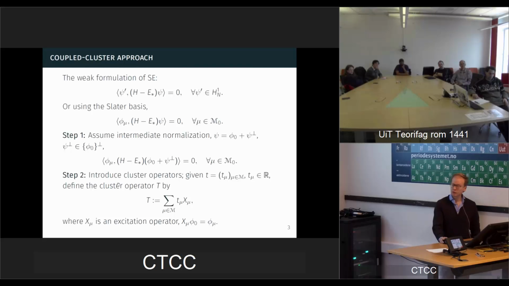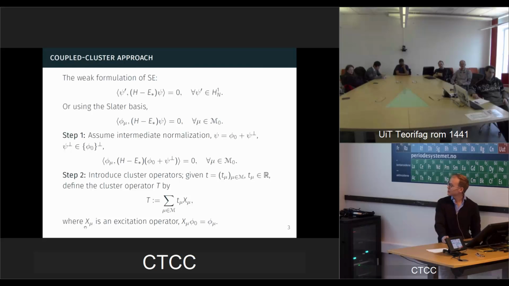So now we can introduce cluster operators. So here we have a sequence of real numbers indexed by this multi-index. And this multi-index set is now M, not M naught, so it's only excitations, so to speak. And then we define a cluster operator T simply as this possibly infinite sum here over the multi-index mu with these cluster amplitudes and these excitation operators.